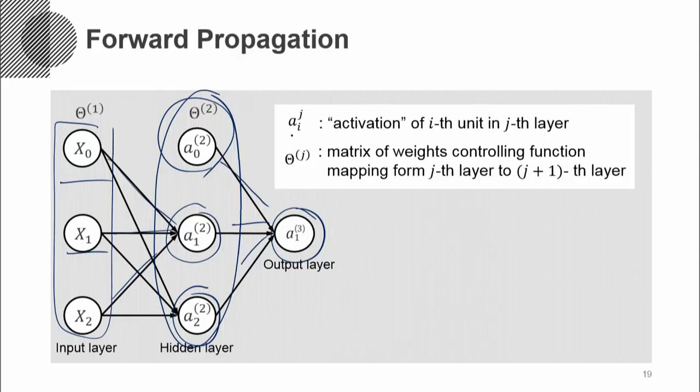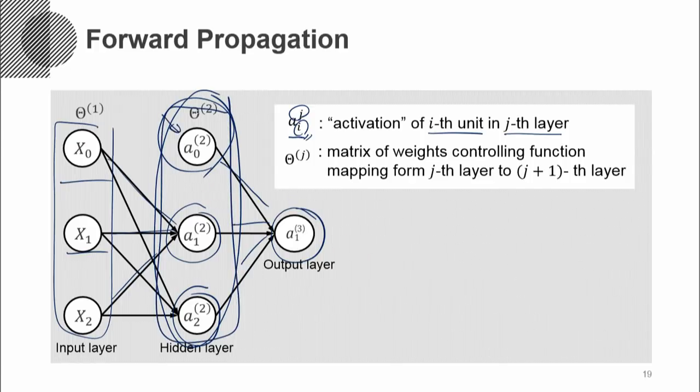So let me introduce some notation here. a_i^(j): in this case j corresponds to the layer index and i corresponds to the node index within a layer.